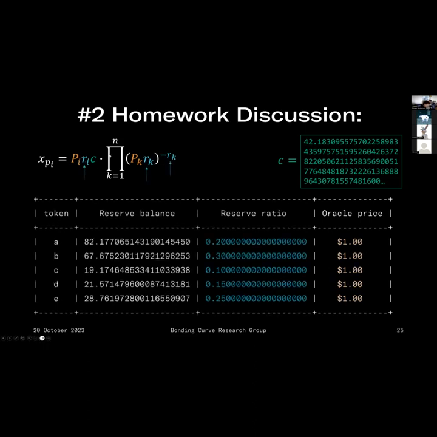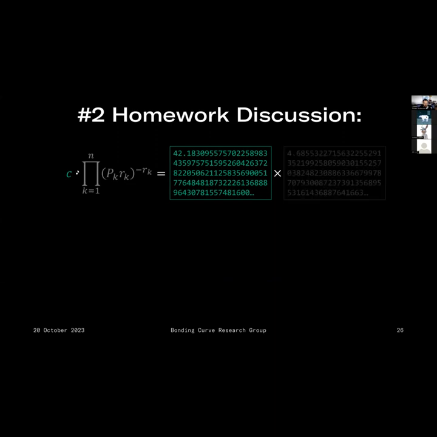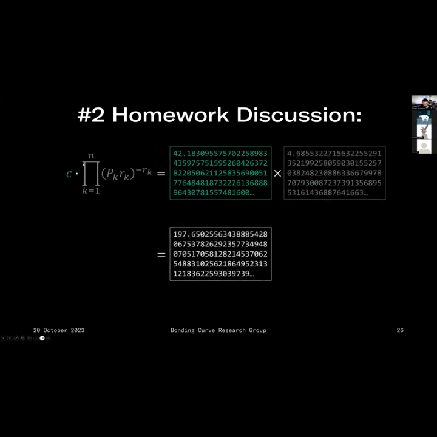So the oracle price is figured out. Now it's just a matter of dealing with these reserve ratios, which of course are all listed here. So not too difficult. And that means that we can at least start stepping through this part of the equation. So we've already got C. We've got the oracle prices for all of the tokens in the system, and we've got all their reserve weights. So just multiplying that value that we had before by this new value that we've calculated gives us this new constant.